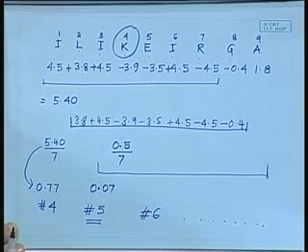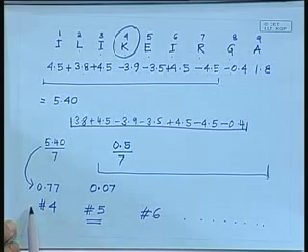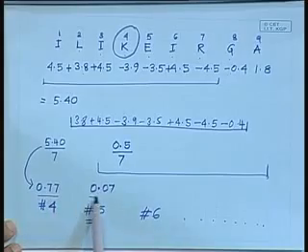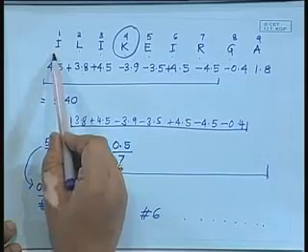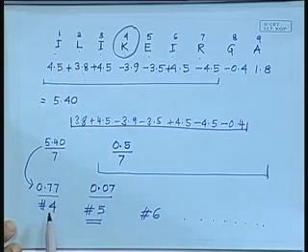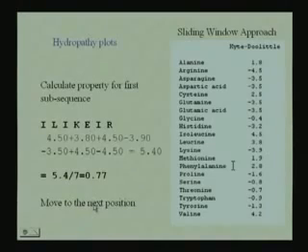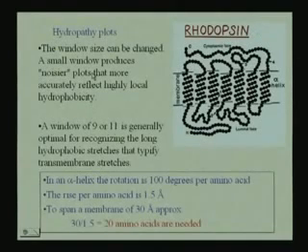Eventually, I am going to get values, leaving out the first 3 residues and the last 3 residues, for the average hydrophobicity of the set of amino acids that formed each window. Then what you can do is make a plot.